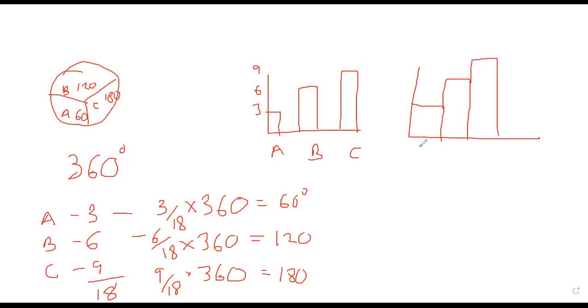So this is your A, B, and C. When it is attached, it becomes a histogram. Are we together? So the information that you're seeing there is just basic knowledge of how to present the data. This is under data presentation.